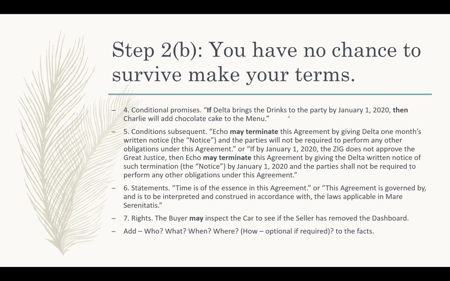So you can say that costs of administering this legislation are to be paid from fees collected by the legislation, or this agreement is to be construed according to the laws of whichever jurisdiction you're in. That's a legislative sentence without a legal party as the subject.